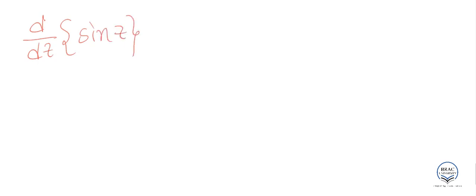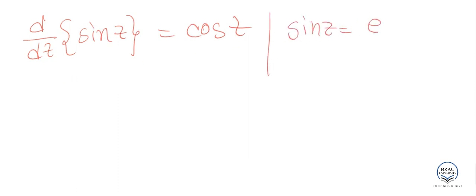And using this result, we want to finally prove something else, that is, we want to prove d/dz of sine z is equal to just cosine z. So recall that sine z is just e to the power iz minus e to the power minus iz divided by 2i. So again we will use the definition of limit.